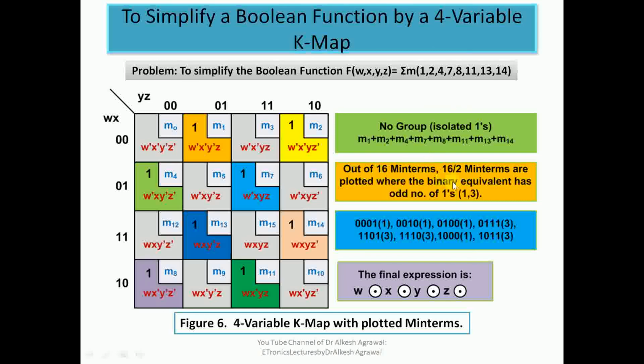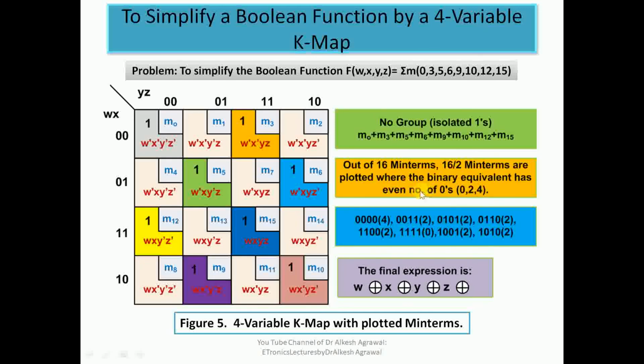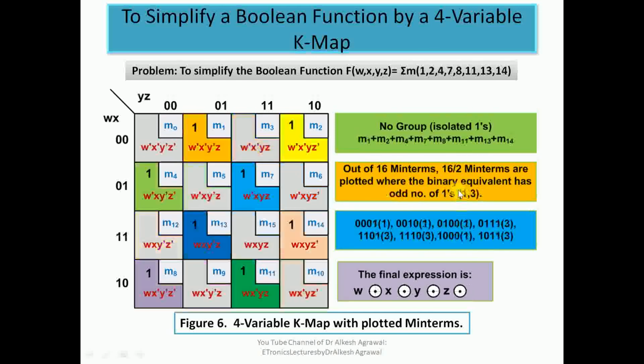Out of a total of 16 minterms, half of the minterms are being plotted, where now what we have to see is that the binary equivalent has an odd number of ones. In the previous K-map we were considering an even number of zeros, but here we are focusing on an odd number of ones, so either it has the number of ones as 1 or 3.